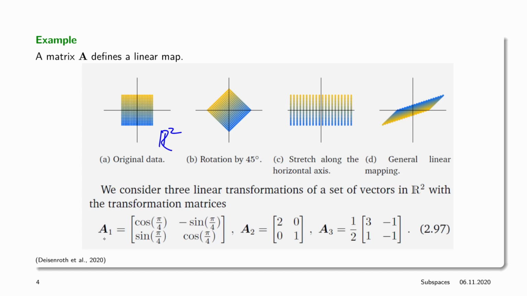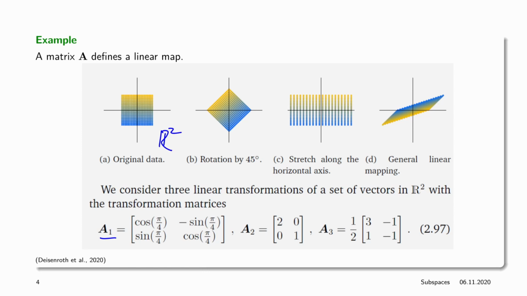Now here we see, as an example, the matrix A1, which is a 2 by 2 matrix. So it goes from R2 to R2, which does a rotation by 45 degrees. So it means that it takes this point here and maps it over here.